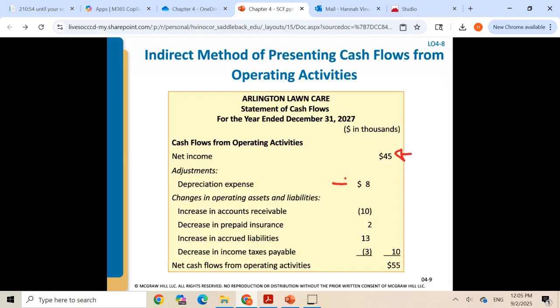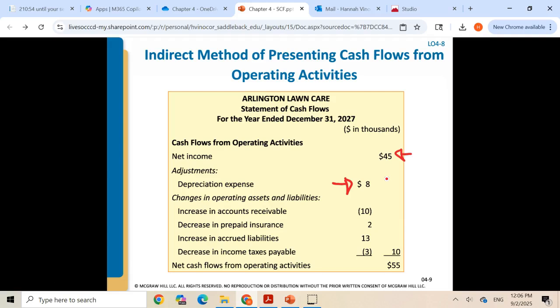So we have depreciation expense on our income statement of $8. We know that's non-cash because to book depreciation expense, we would have debited depreciation expense, credited accumulated depreciation, no cash involved.